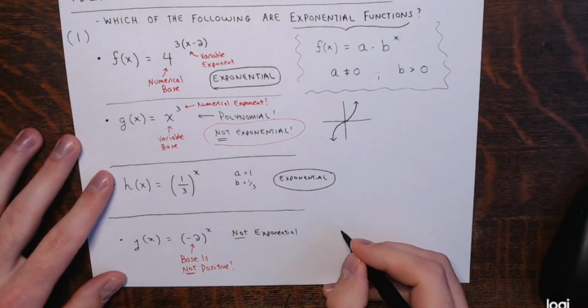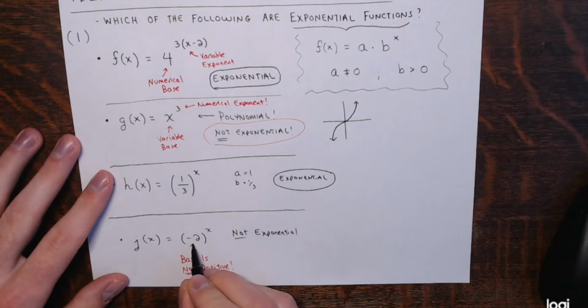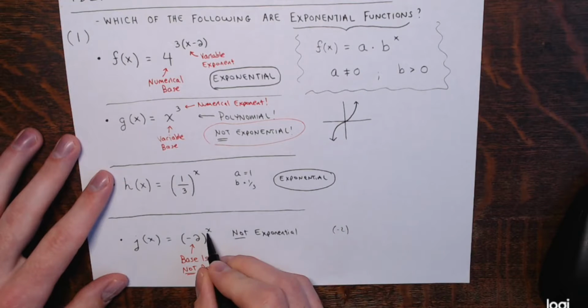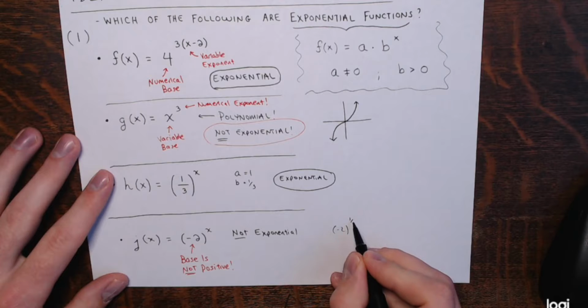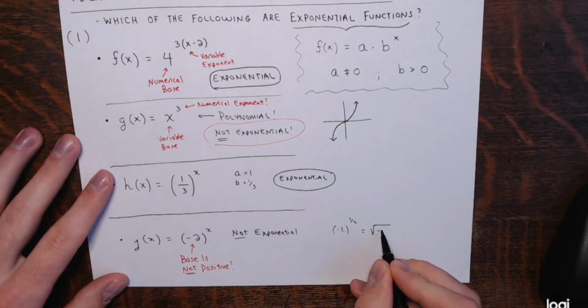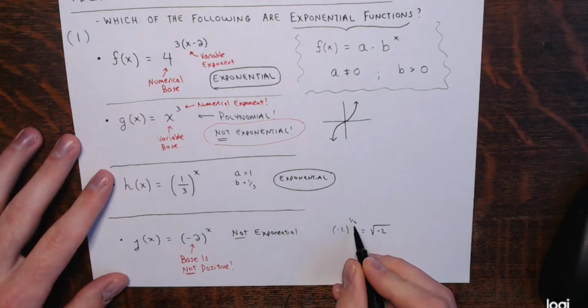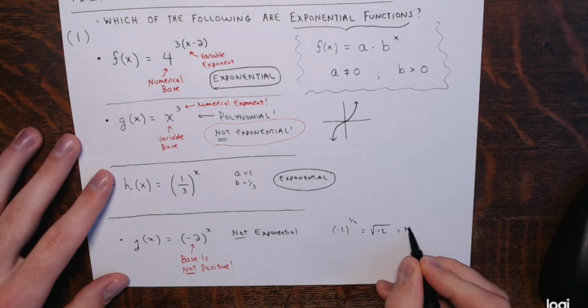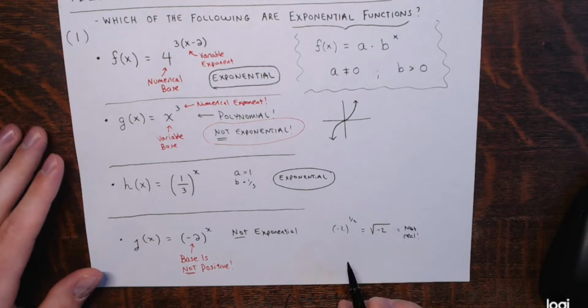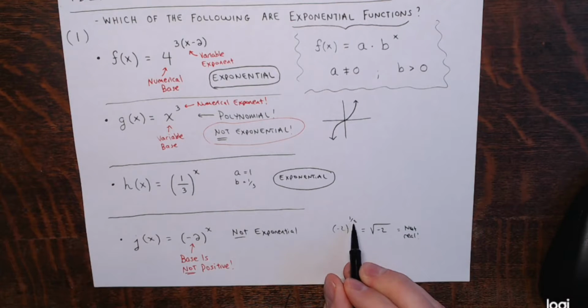And the reason a negative base is a problem is, what about -2? What if you plugged in a half for x? That would be the square root of -2. Remember, anything to the half power is a square root, and this is not real. So 1/2 wouldn't be in the domain.